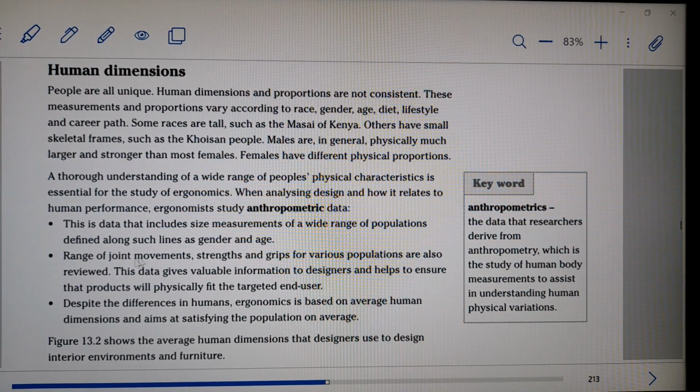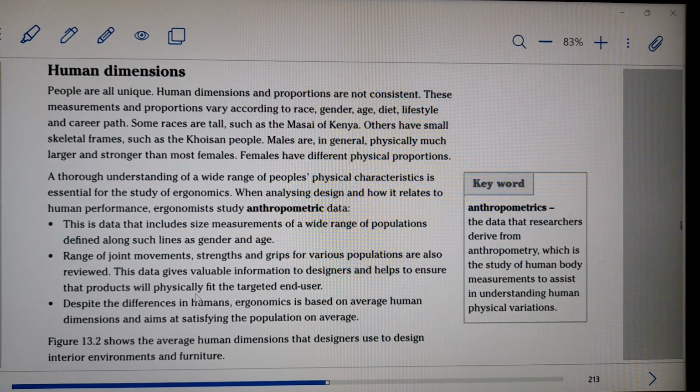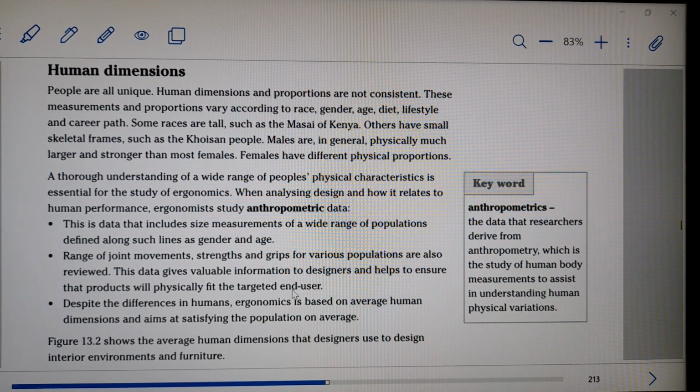The range of joint movements, strengths, and grips for various populations are also reviewed. This data gives valuable information to designers and helps to ensure that products will physically fit the targeted end user.